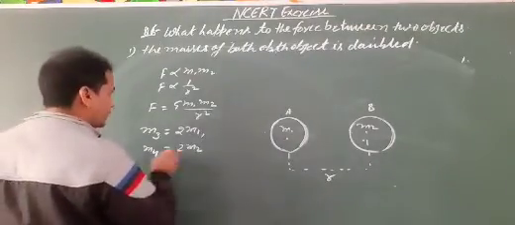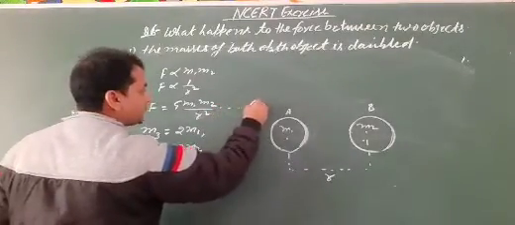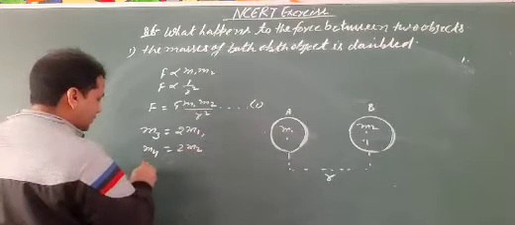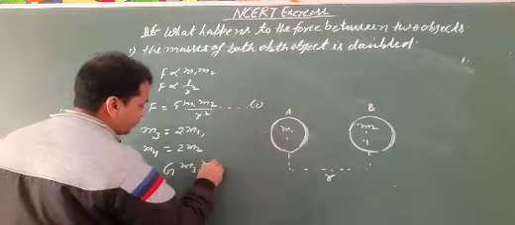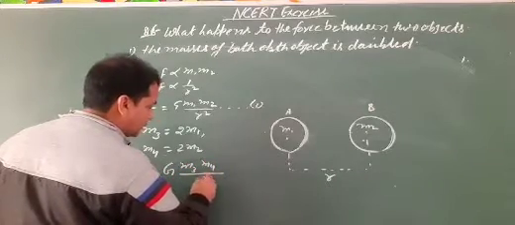Suppose the new gravitational force is G m3 m4 by r square.